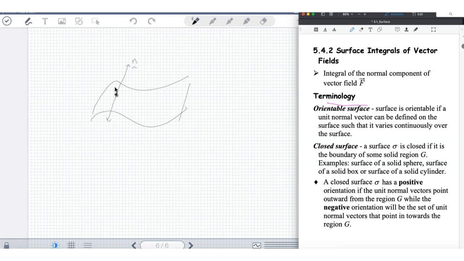That is what you have to know about the positive orientation for the unit normal vector.